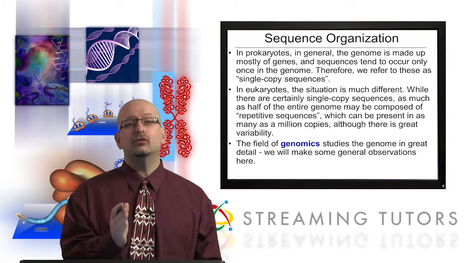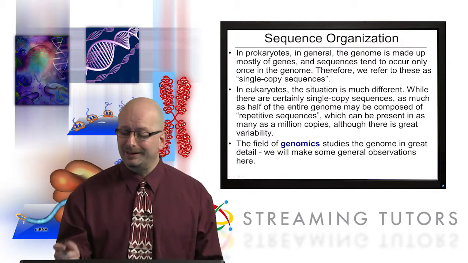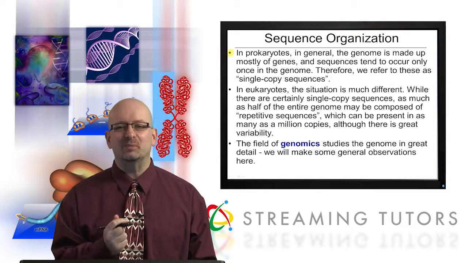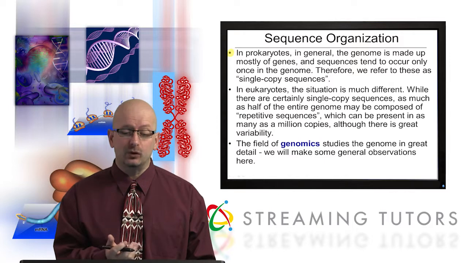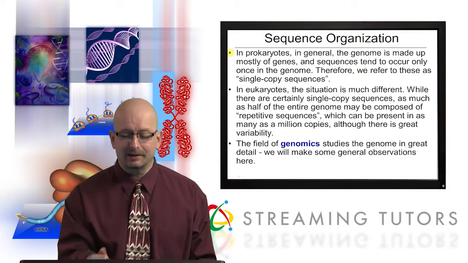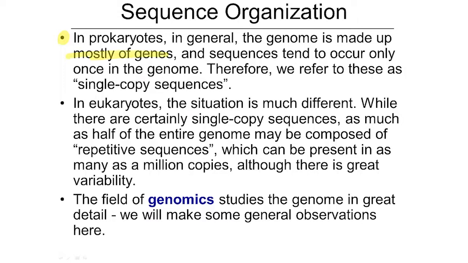Now, this is about eukaryotic chromosomes, but it's instructive to think about how bacteria are in this respect and then compare that to eukaryotes. So in prokaryotes, the genome is very streamlined. It is made mostly of genes. There aren't a lot of extraneous sequences there, and sequences tend to occur only once in the genome.